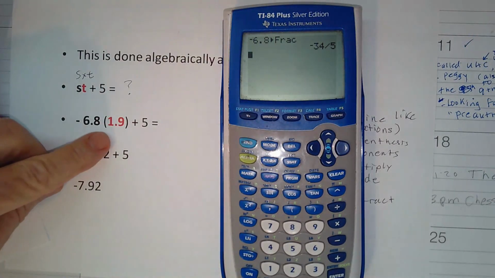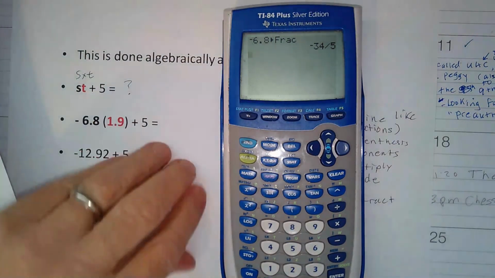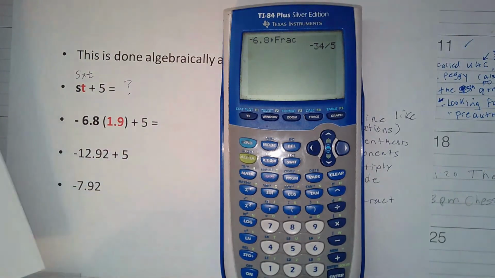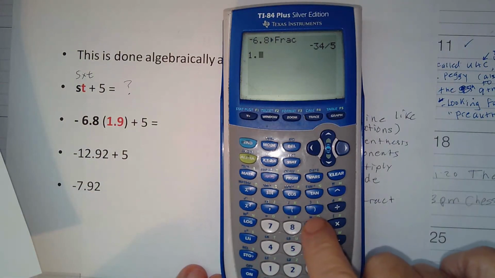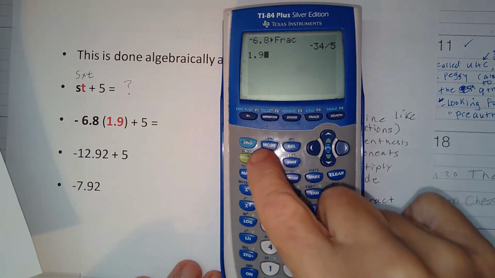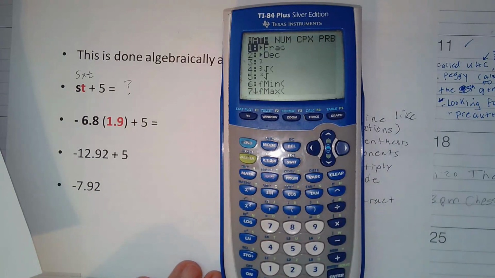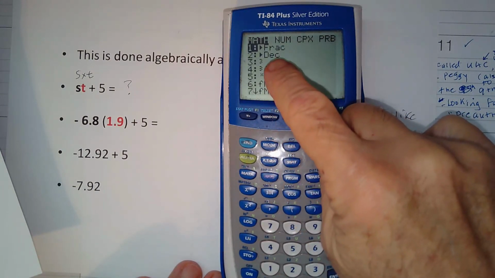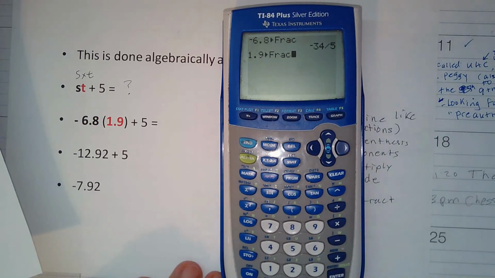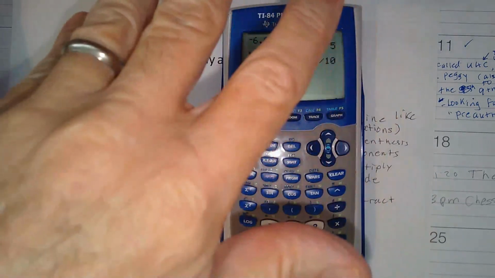And so 1.9, same thing. I could go to the math button, and because it's on number 1, I could hit enter. So I get 1.9 frac. Hit enter again. And that's 19 divided by 10. Okay? So you should be able to see now the mysteries here.